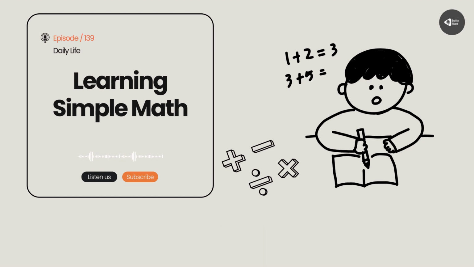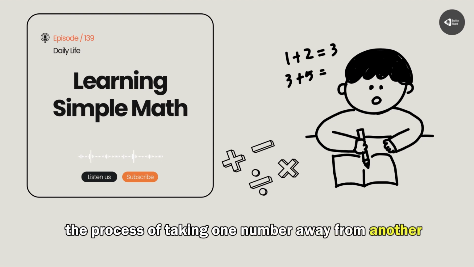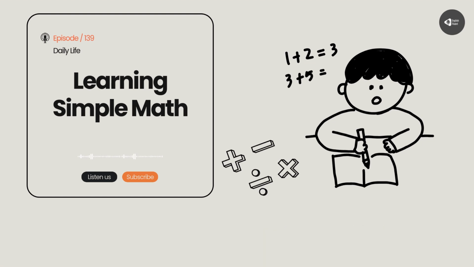Addition. The process of taking one number away from another. Subtraction. The process of dividing something into parts. Division.